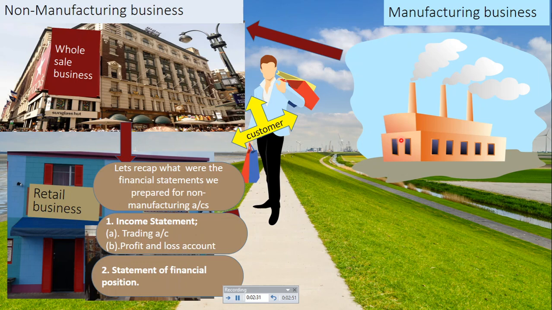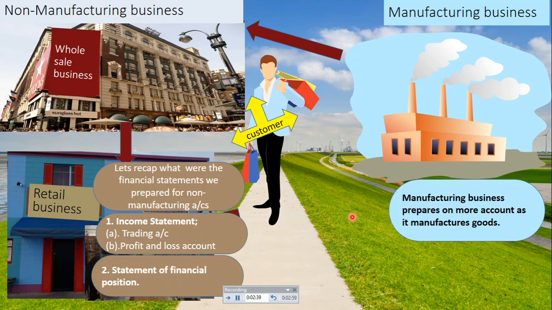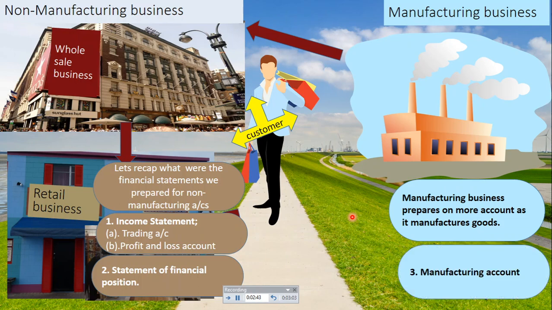It means the manufacturing business has to prepare both the income statement and the statement of financial position, as well as one more extra account, and that's called the manufacturing account. So that's what you need to understand. Simple. Manufacturing business prepares manufacturing account along with the income statement and statement of financial position, because it wants to know how much profit it has made by manufacturing the goods. So let's move forward.